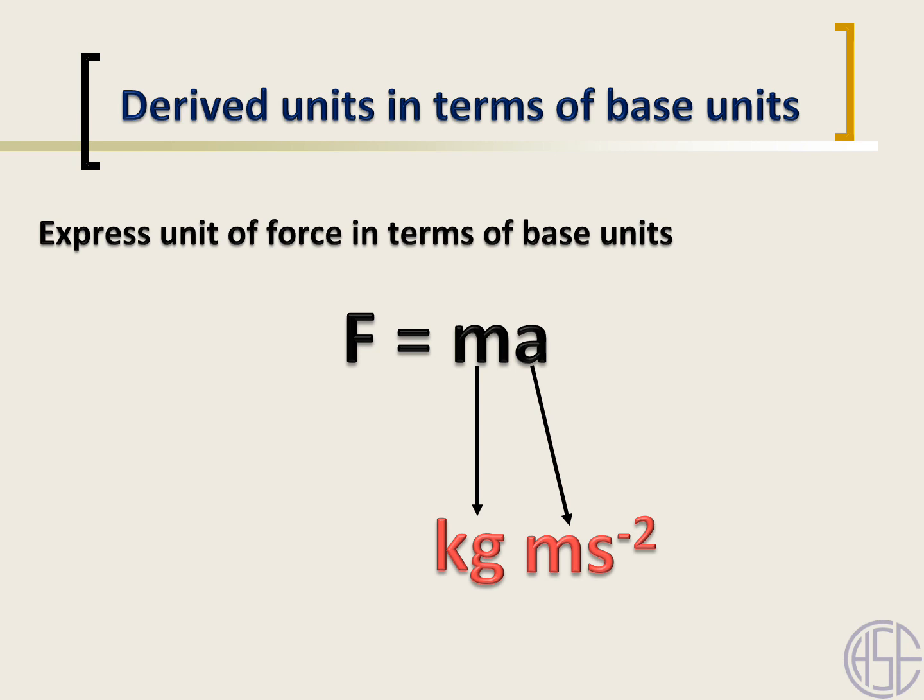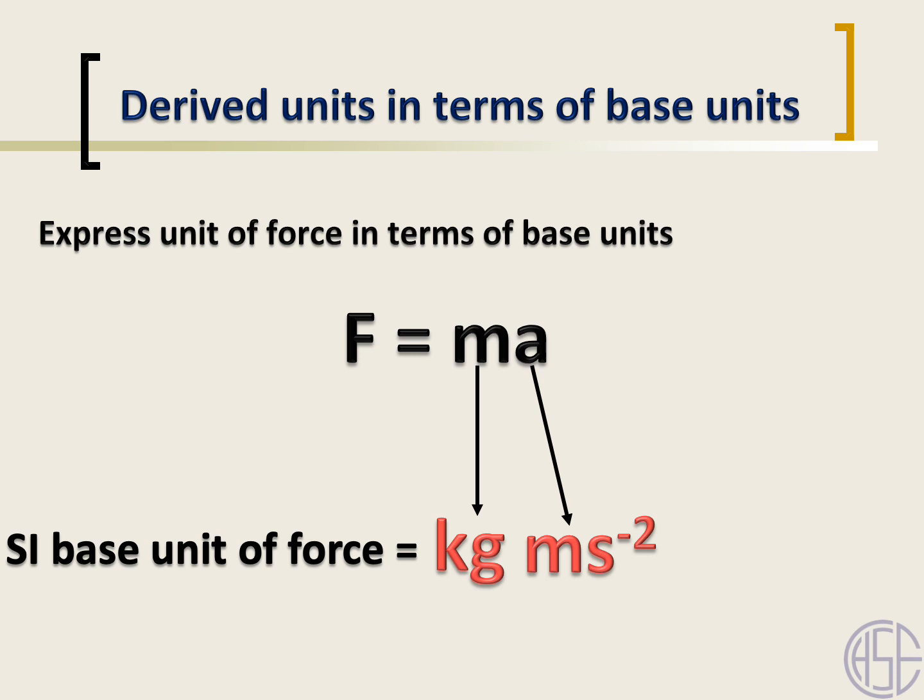So you can see the format I have written, second to the power of -2. We don't use meter per second square in our syllabus. In our topics we will be using s to the power of -2, this format. So you should be familiar with this format rather than meter per second square. Okay. So the SI base unit of force is kilogram meter s to the power of -2.